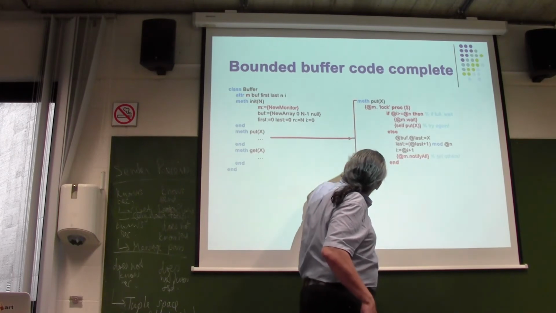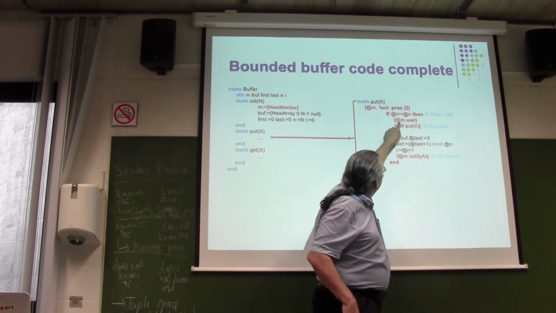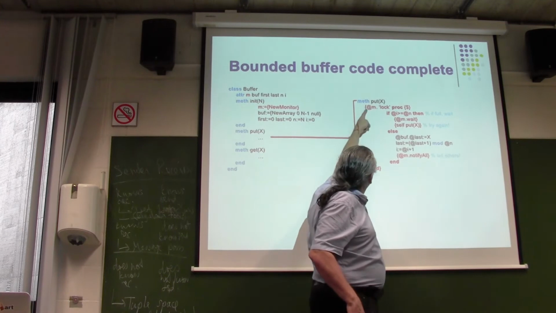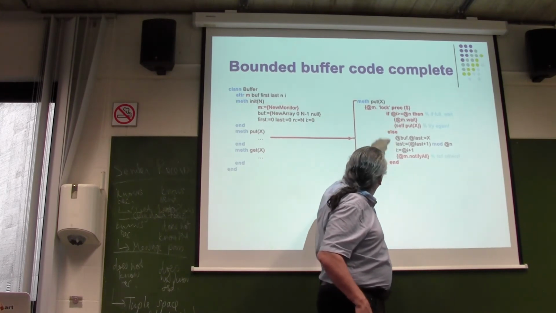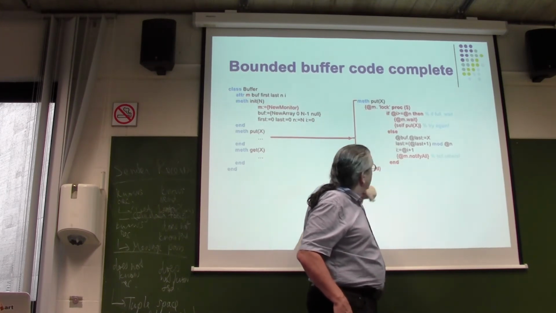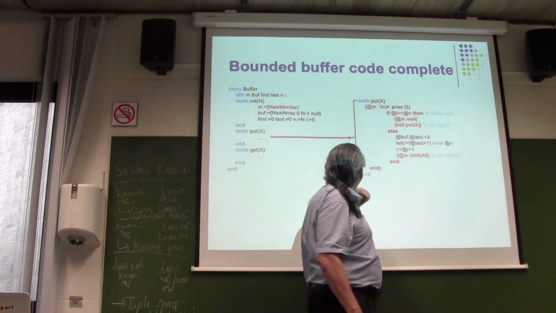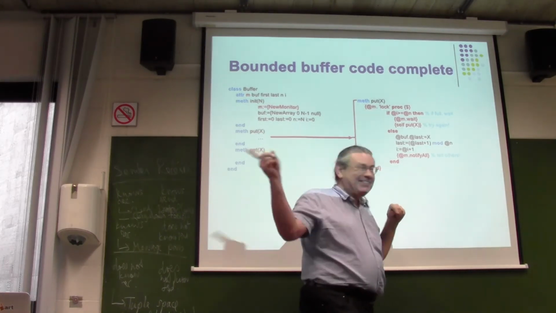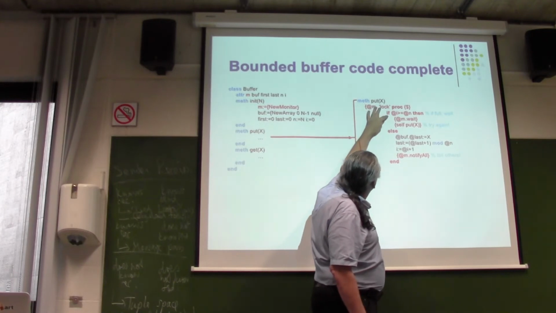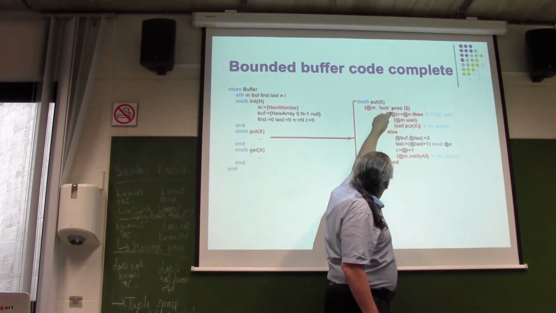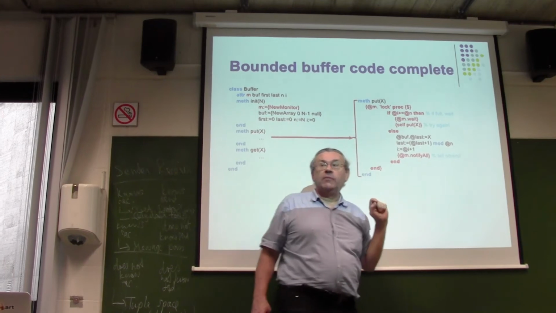We'll completely execute this code again, and the first one will see that there is a slot, and will do it, and the second one will see that the buffer is full, and will go back to sleep again.